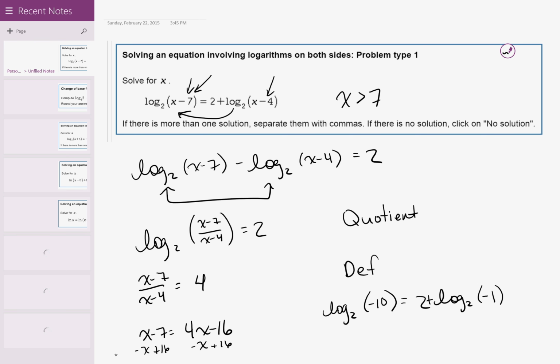Oh, no, this would be a negative 4. And that doesn't work. I can't take a log of negative numbers. So this has no solution. But watch for the domain, just like with square root questions. You have to be very careful about the domain.